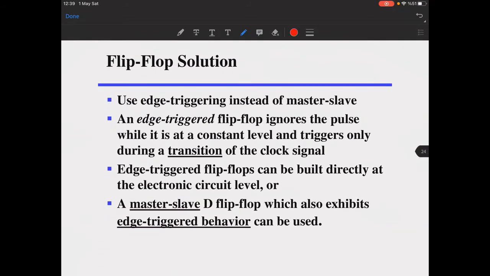In order to solve this, another approach has been implemented, which is called edge triggering.